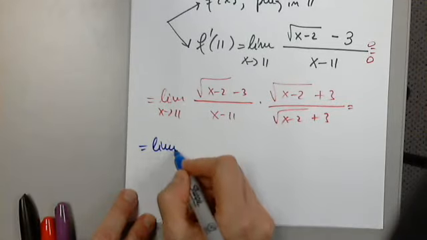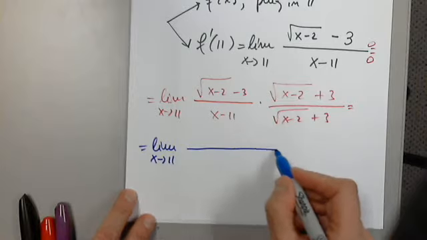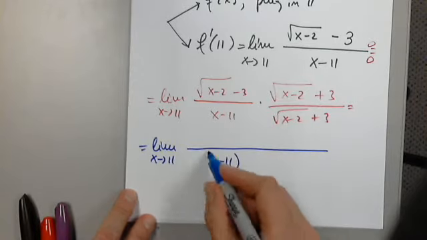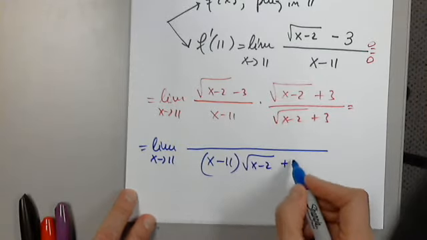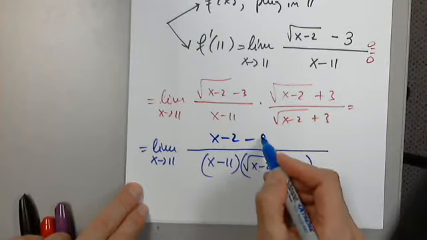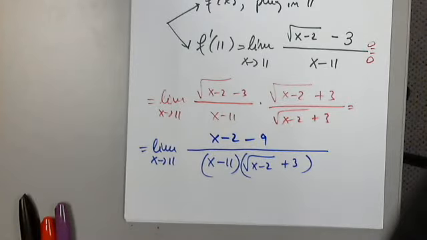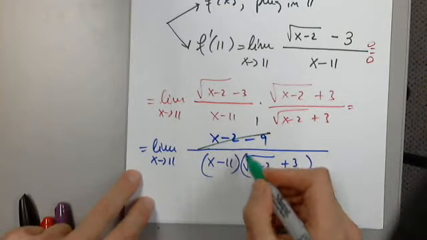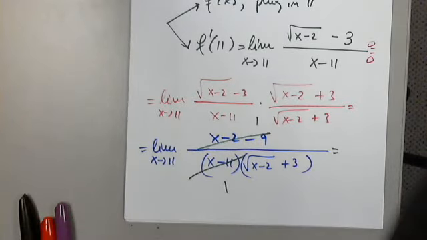Then, so we get limit as x approaches 11. I will copy the denominator and wait for you to give me the numerator. Awesome. But what does x minus 2 minus 9 mean? And now I can drop the limit operator or apply the limit operator, whatever you want to say.